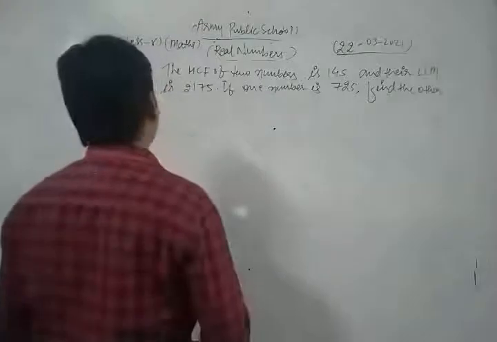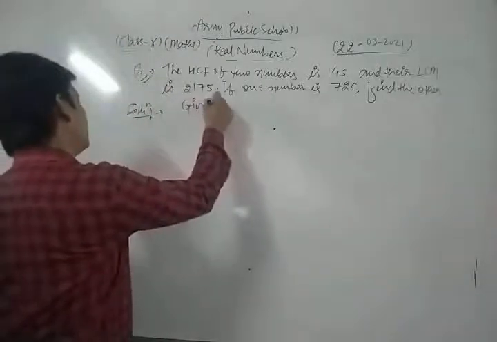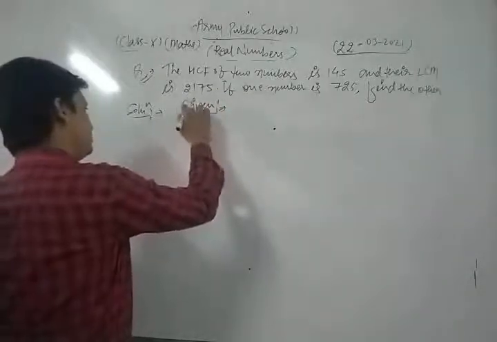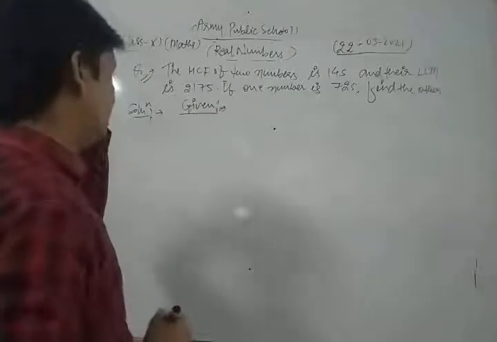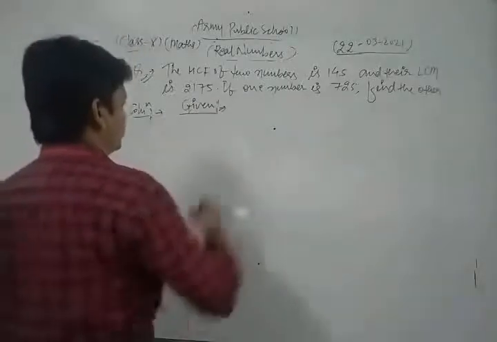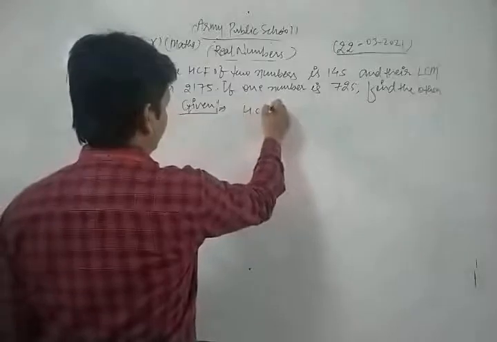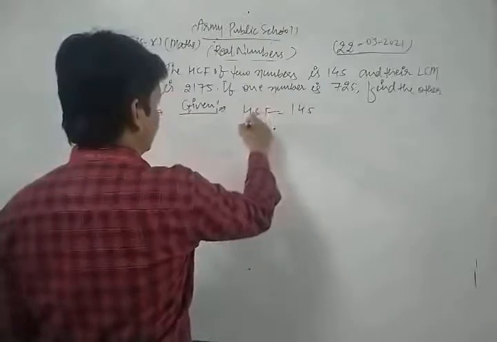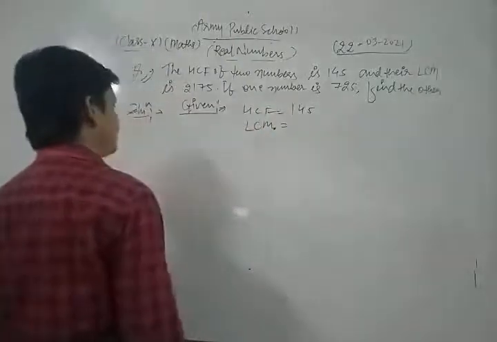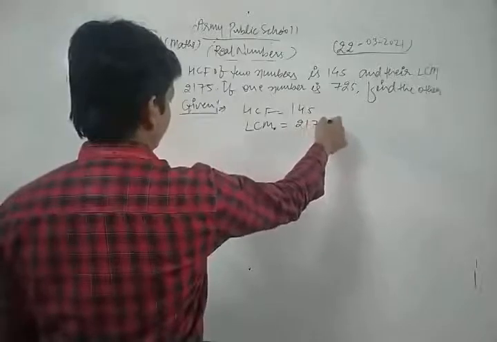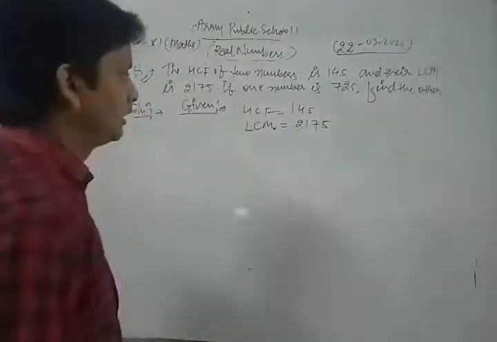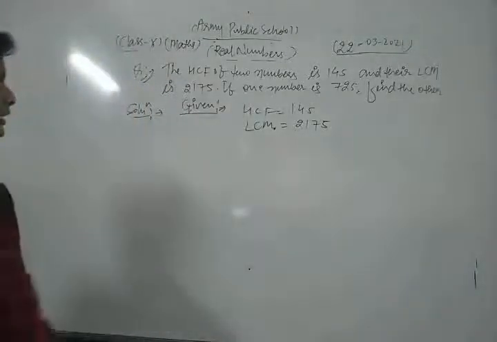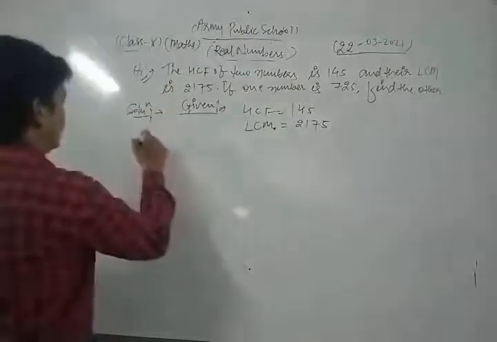First of all, we write the given values. The HCF of two numbers is given as 145, and the LCM is given as 2175.